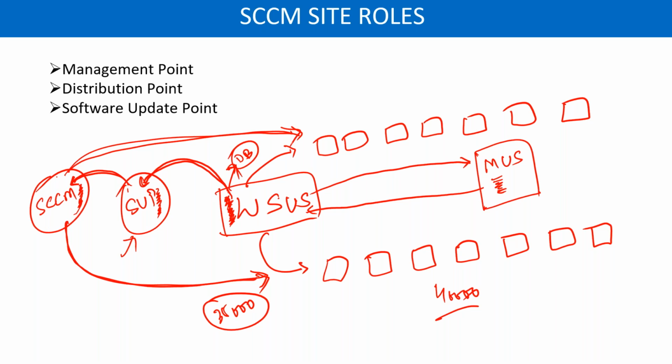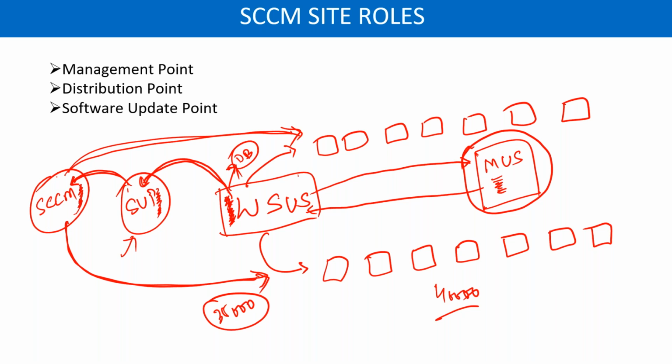Somebody was asking a question: will WSUS take only Windows updates, not anything apart from Windows? Suppose I want to update something like Google Chrome. WSUS can take third-party updates as well, but you have to configure it. Just like the Microsoft Update Server, WSUS by default connects to the Microsoft Update Server.